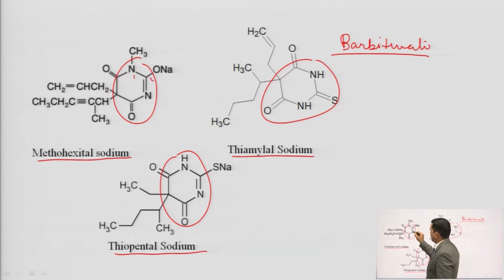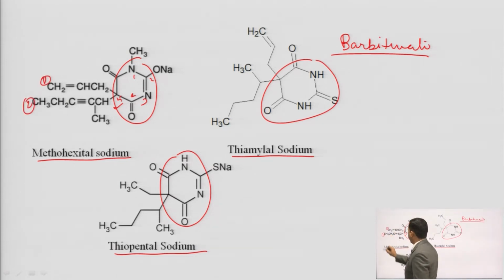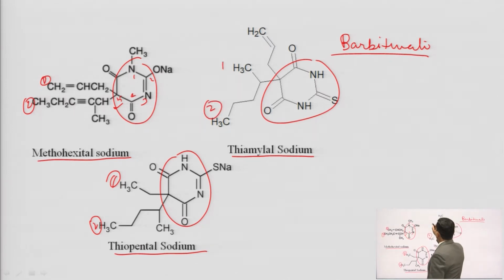Numbering 1, 2, 3, 4, 5, the substitutions are at the fifth position of this nucleus, that is, 5,5-disubstituted, because there are two substitutions, one group and a second group. That is why we call it a disubstituted product.